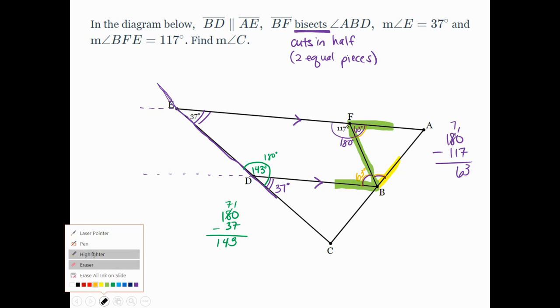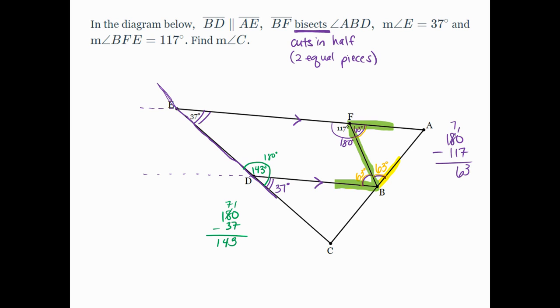We could do triangle sum at that point to figure out what angle A is, but we don't care what angle A is. We're trying to get to C. So instead, I'll grab one more color because I just love my colors. I could do a straight angle right here all the way around. That one is, again, 180 degrees.